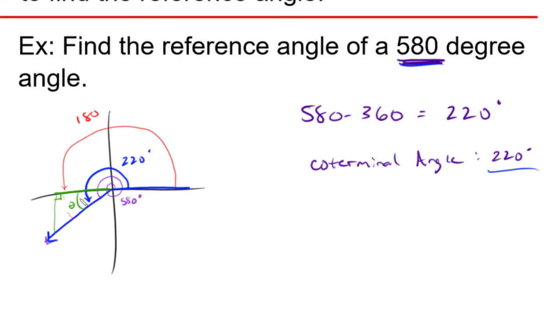That would be whatever the difference is between 220 and 180, because you've got to add a number to 180 to get the full 220. So the answer would be 40, because you'd take 220 minus 180, and you'd get 40. So that is the reference angle.